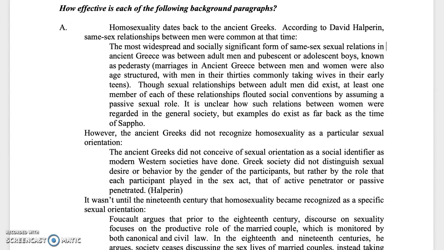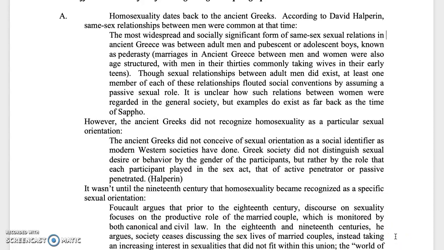That background is not really useful for an essay that's about a novel on sexual orientation during the early 20th century. This is too broad, and it's kind of just an information dump. It's almost like someone went to the first thing they could find on the topic of homosexuality and just started cutting and pasting quotes in. So this is not a good example. It's not focused enough on the actual background information the reader needs to know for this novel.